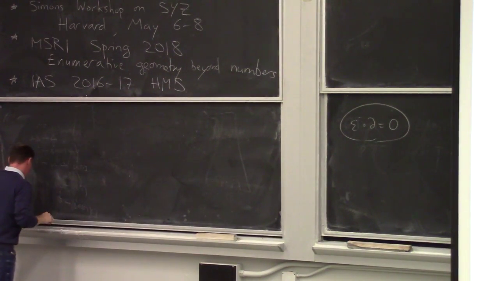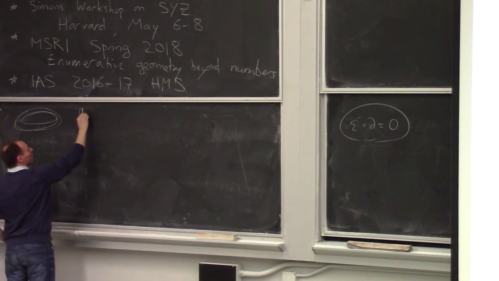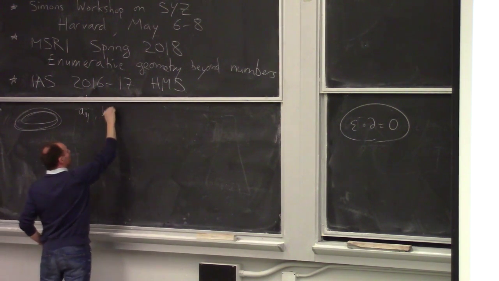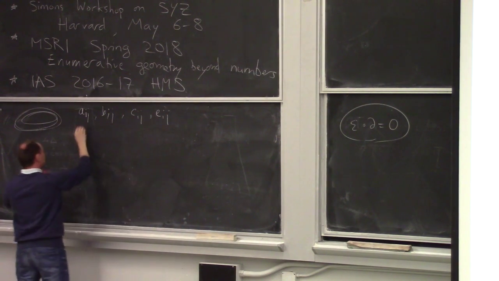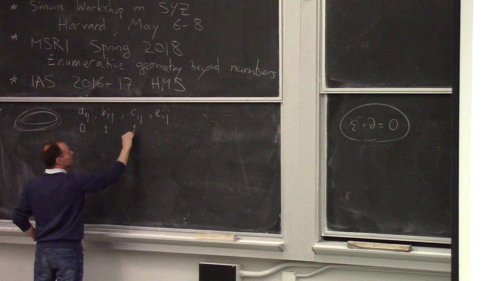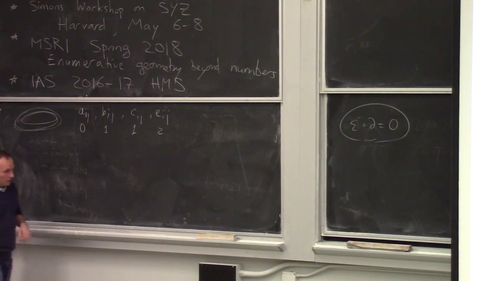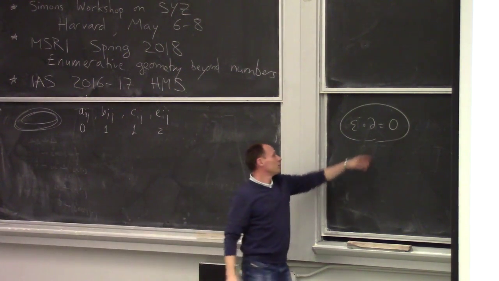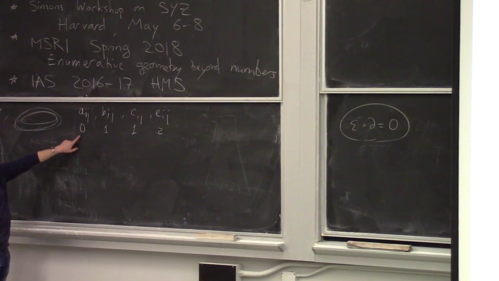So when we represented the knot as a braid around the unknot, we had generators Aij, Bij, Cij, and Eij. These were of degree 0, degree 1, degree 1, and degree 2. Now we'd like to have a chain map. The chain map is degree preserving, so we should assign some numbers to the degree 0 generators.